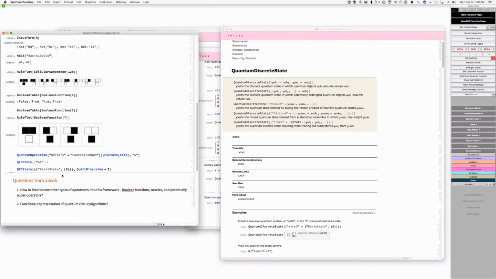Right. The question here is, if you've got a direct product, the outer product state, let's say it's a collection of 3 standard binary qubits, then one way to represent that would be as a rank 3 tensor, if I'm not mistaken.